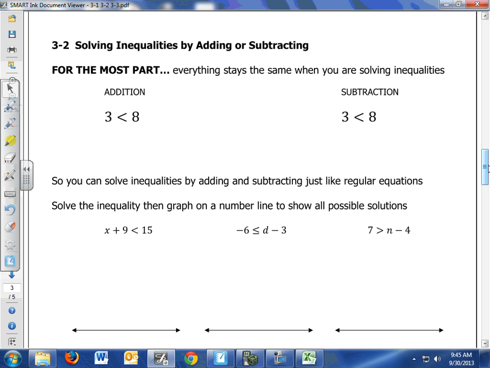Now we're solving inequalities. Typically, solving an inequality is like solving an equation. So that's kind of what this is supposed to say. Solving inequalities, just like solving an equation.